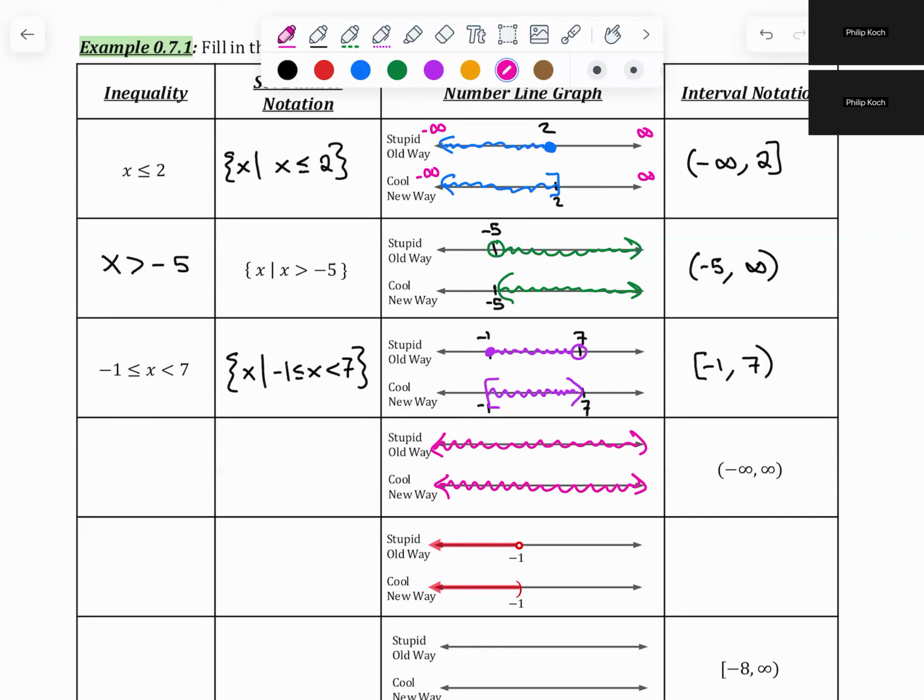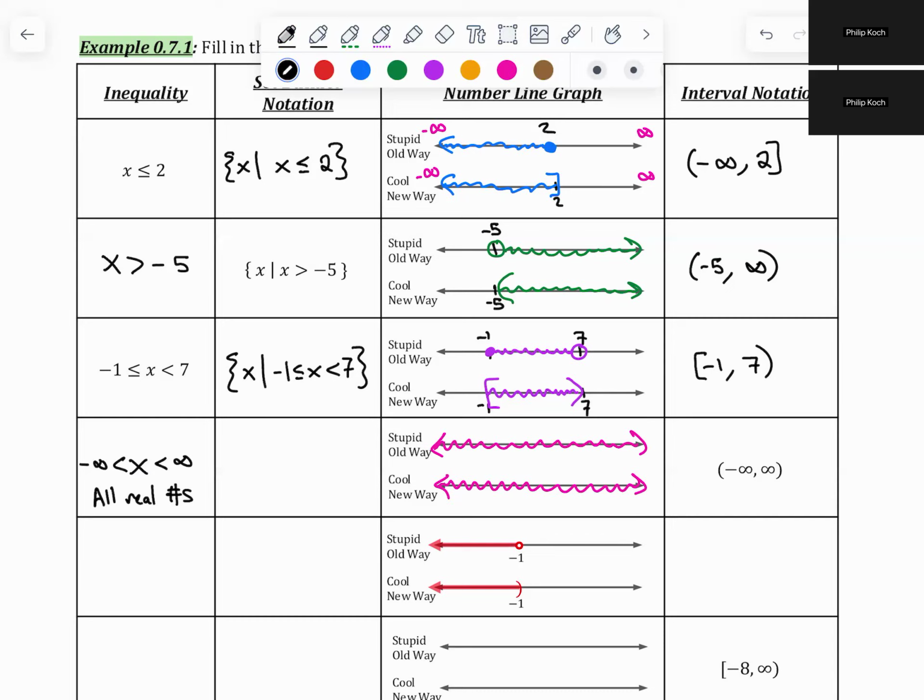To write this as an inequality, you would either say that x is sandwiched between -infinity and positive infinity, or you'd say all real numbers, which could be denoted with the boldface R if you want to.